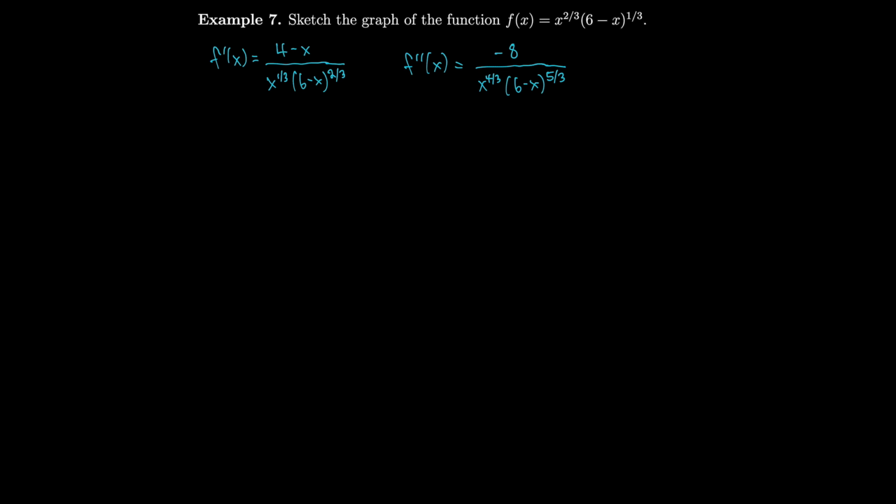Okay, let's look for where the derivative is 0. The derivative is 0 implies that x is 4, right? That's when the numerator is 0 for the derivative. Sorry, I forgot something about the first derivative. Notice that if you plug in 0 or 6, then that makes the first derivative undefined. So those are some more critical points.